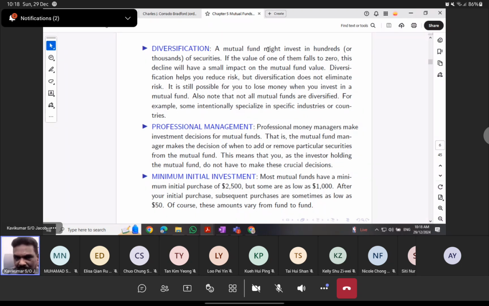The meaning of mutual fund we will see in a later slide. But actually, what is the meaning of diversification? It means, suppose you invest all your money in one mutual fund. If the value of that mutual fund falls to zero, then you will collapse.